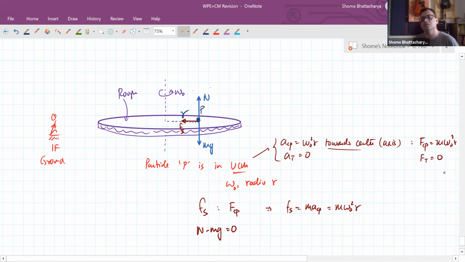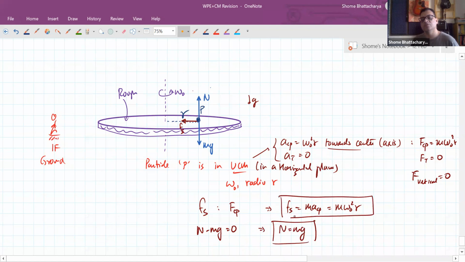The tangential force has to be 0, and the net vertical force also has to be 0, because it's a uniform circular motion in a horizontal plane, and gravity is perpendicular to the plane of motion. So this part is showing us that this is the case, because the net vertical force is 0.